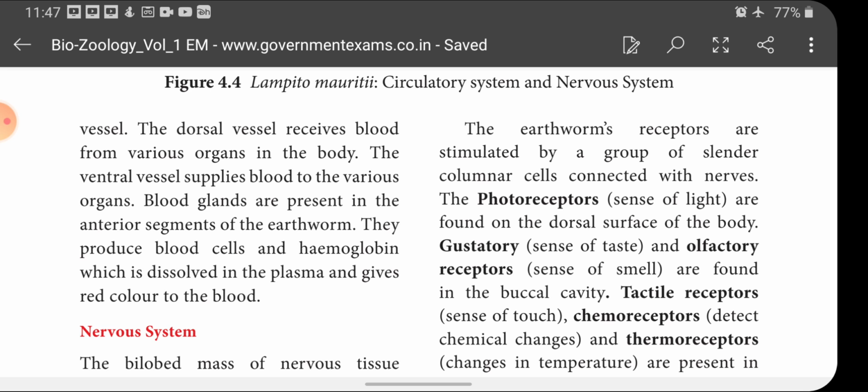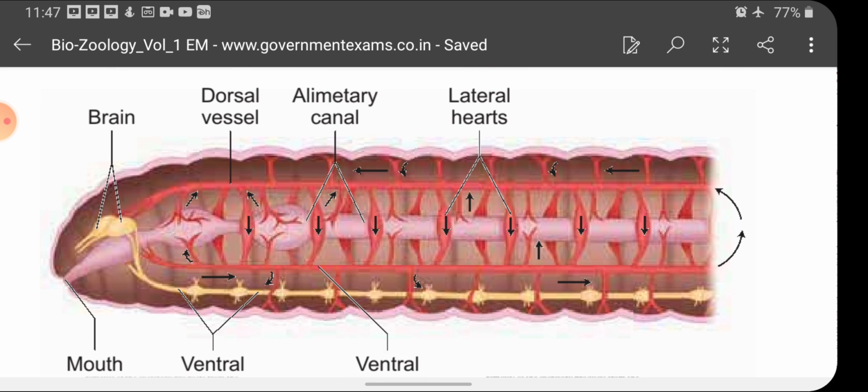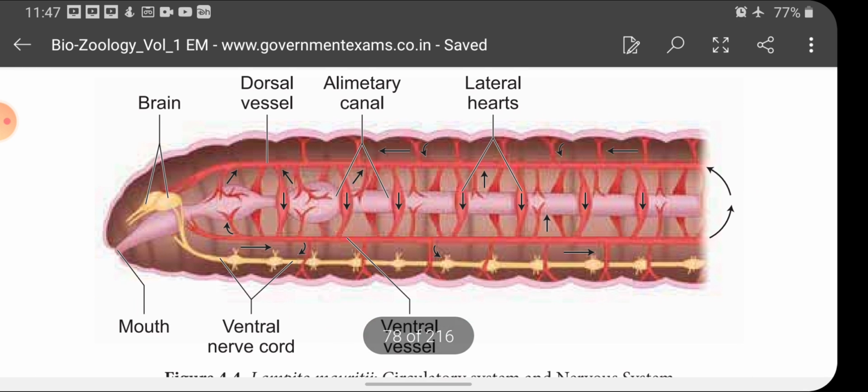So let's enter into the diagram. With the help of the diagram, we can see the circulatory system, children. It is clearly given in this diagram. We can see a pink color tube in the center. It is called the alimentary canal. Above the alimentary canal we can see two straight lines.